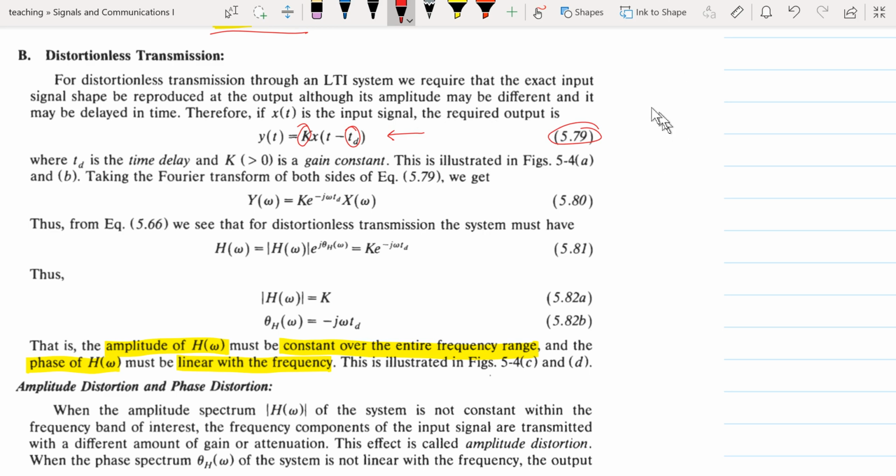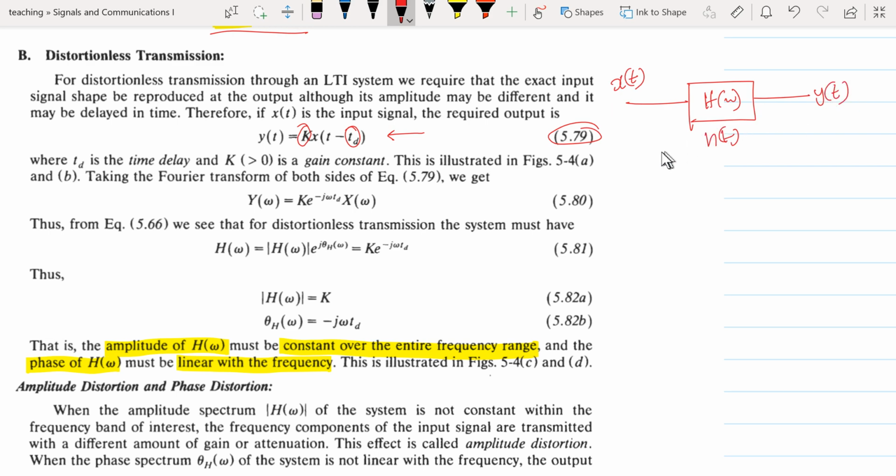Just to get it clear, here we have a system described by H of omega, or h of t in the time domain, with your input x of t and output y of t.